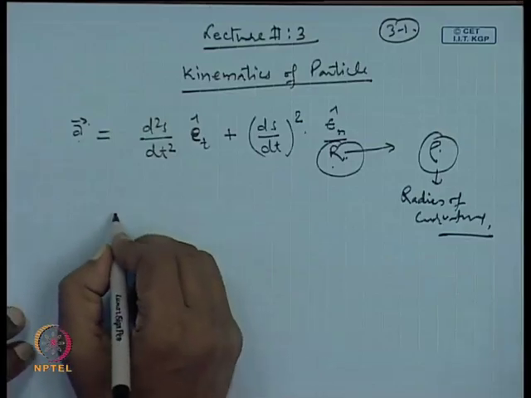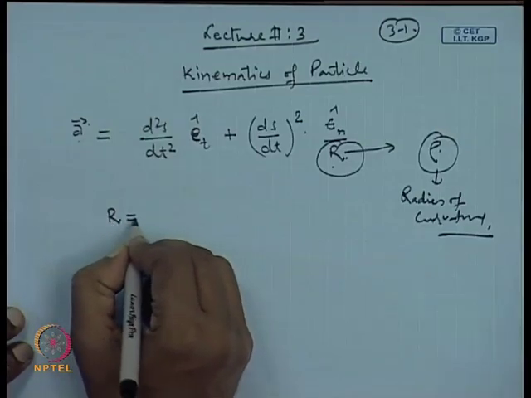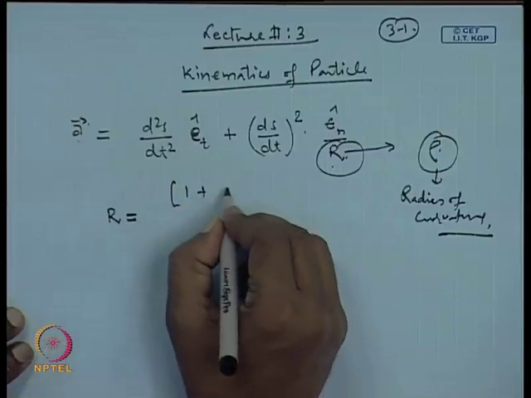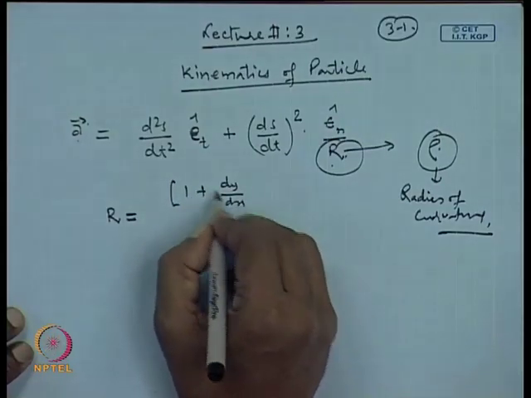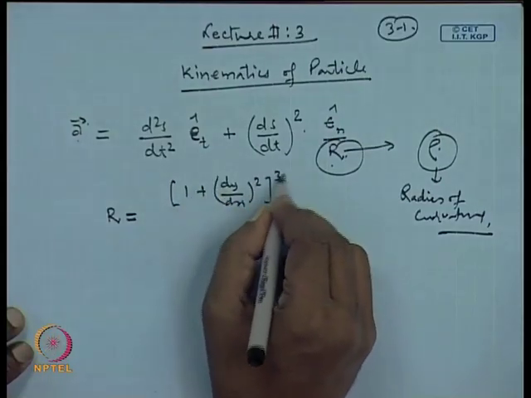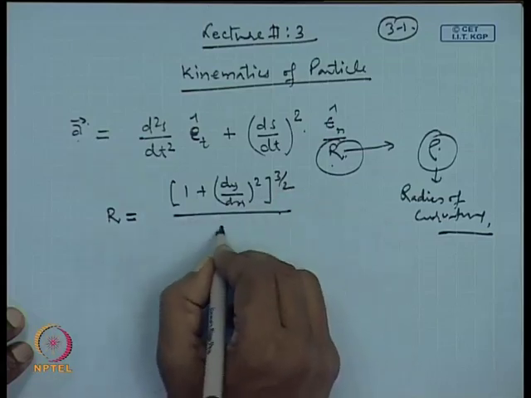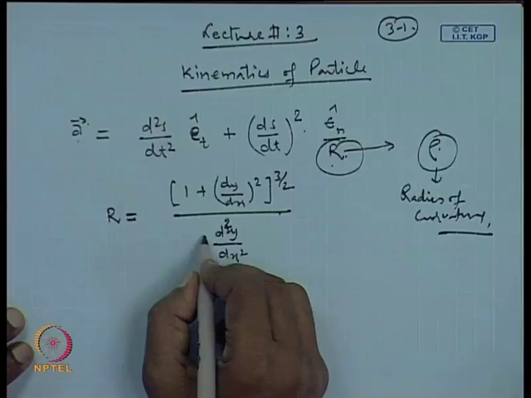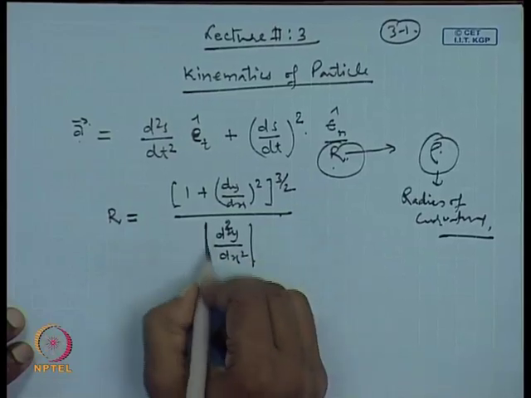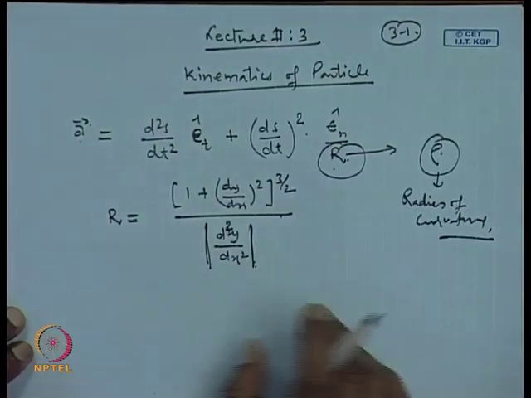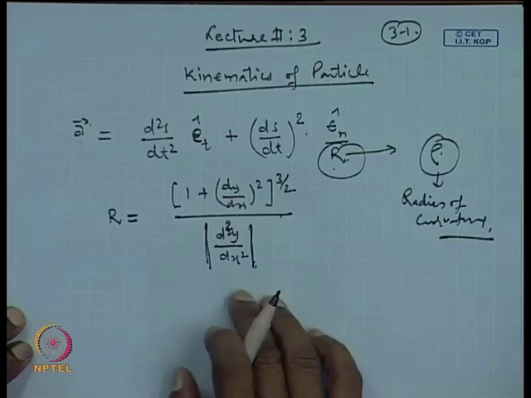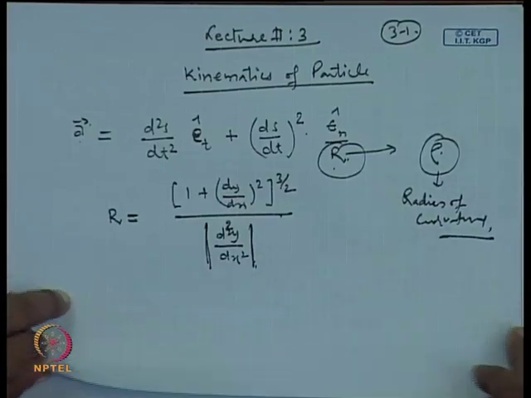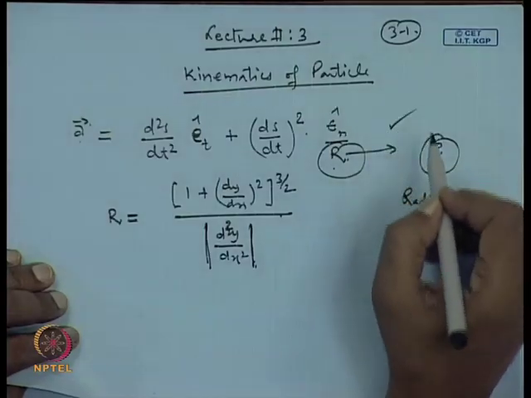And this radius of curvature, from your coordinate geometry, you can recall, can be written as (1 plus (dy by dx) square) to the power 3 by 2 divided by the modulus of d square y by dx square. You can prove this using calculus also, and this is a very useful result.